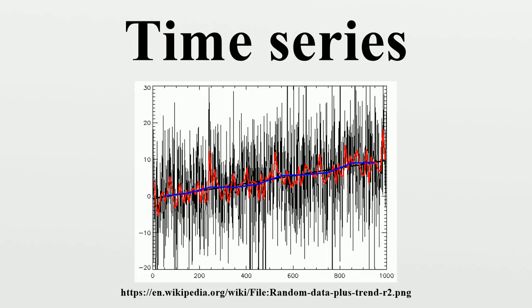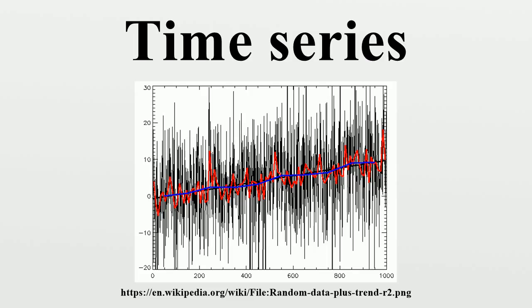In these approaches, the task is to estimate the parameters of the model that describes the stochastic process. By contrast, non-parametric approaches explicitly estimate the covariance or the spectrum of the process without assuming that the process has any particular structure. Methods of time series analysis may also be divided into linear and nonlinear, and univariate and multivariate.